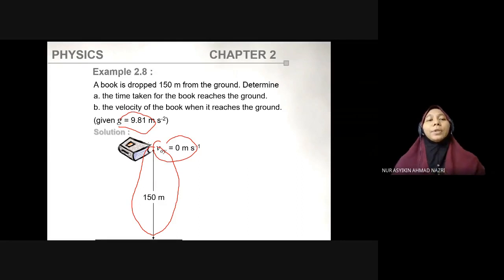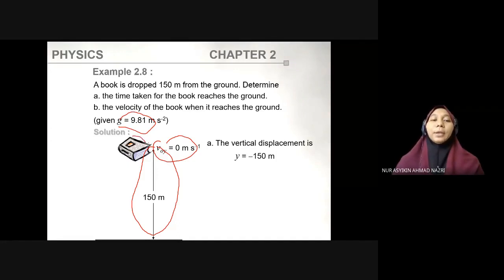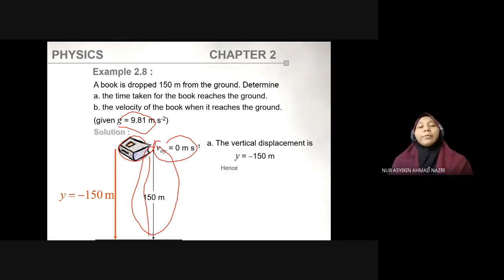Okay. So determine the time taken for the book to reach the ground. Okay, time taken for the book to reach the ground. So tak ada masalah lah. Kita ada 150. Banyak kita ada ni. So vertical displacement is negative. Again, ini original point dia kan. So bila yang ke bawah ni kita akan masukkan negative 150.